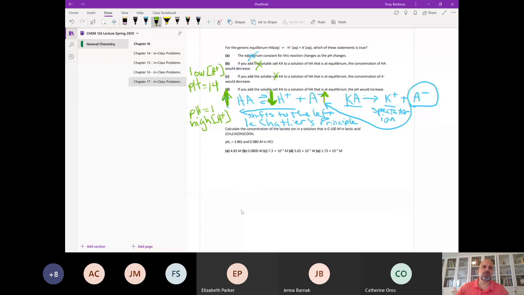So if we decrease the amount of protons, we're going to increase the pH.